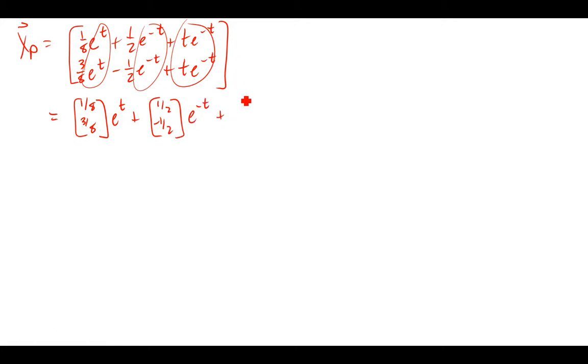And then this last one is the vector 1, 1 times the scalar t e to the negative t. Right? I'm not doing anything too fancy here. I'm just collecting together like things. It's sort of the equivalent of just factoring out, I guess, or something like that. I don't know what you want to call that, but whatever that is, that's not hard, right? We could all do that.